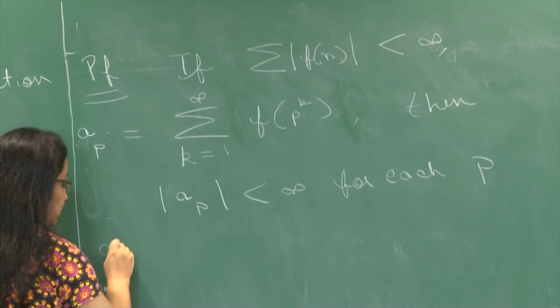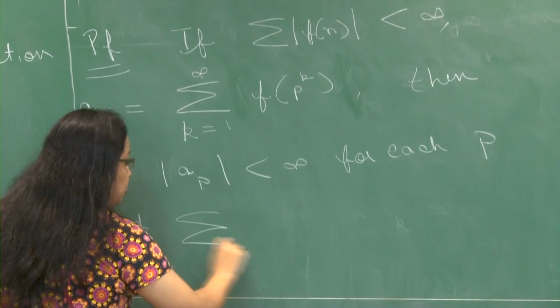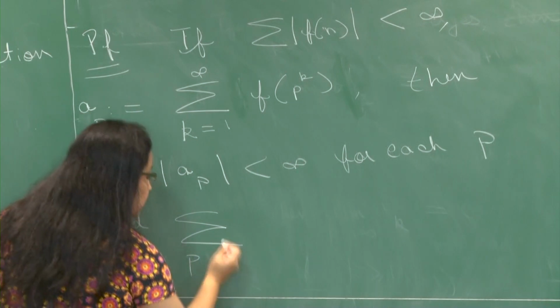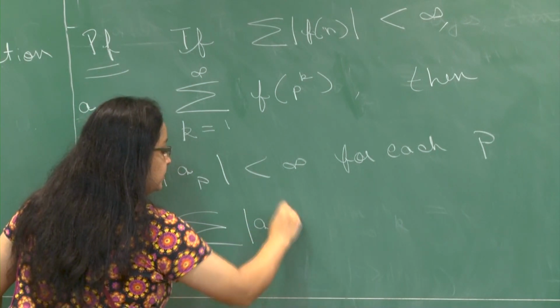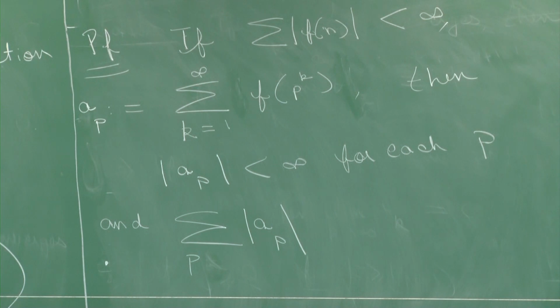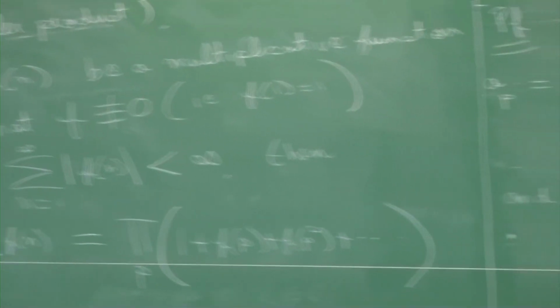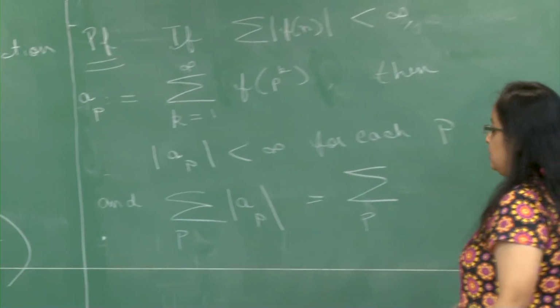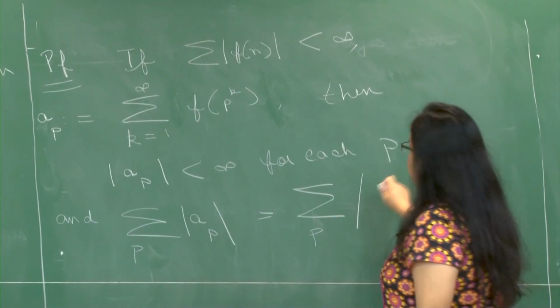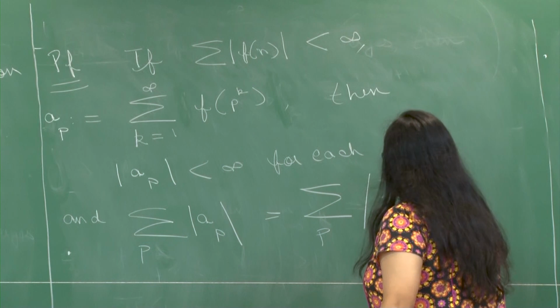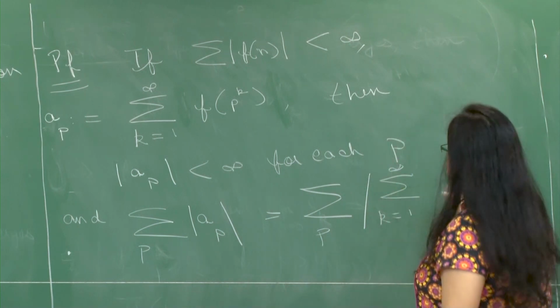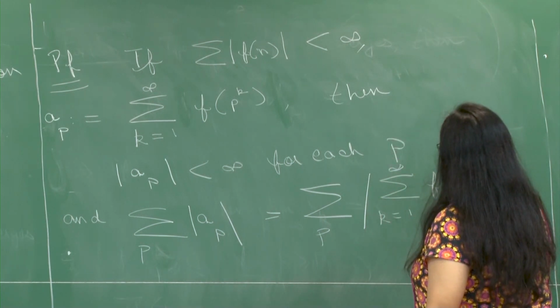And if I sum over all the primes and take a sub p, this will also be finite because of the finiteness of the sum. So, why is that so? This is equal to the summation running over all the primes p. In the inner sum, you have the summation k going from 1 to infinity of f of p raised to the k.